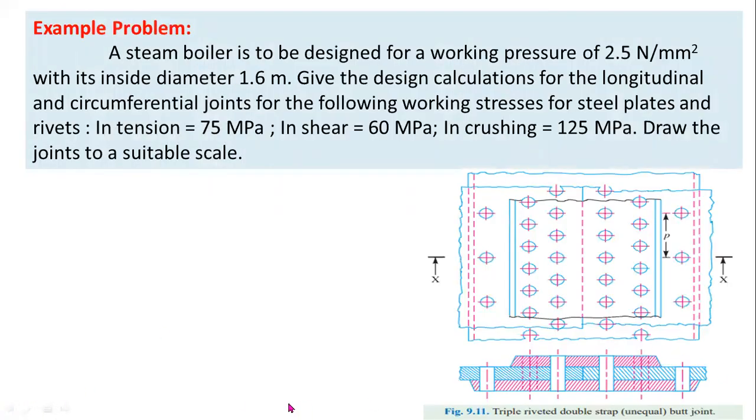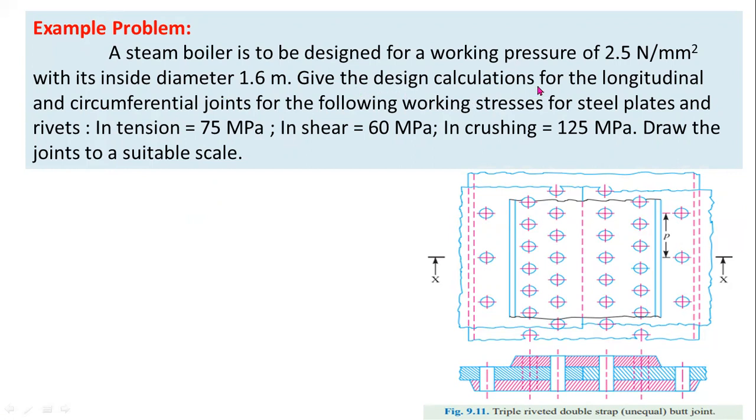Now coming to the example problem. This is a very important question from the exam point of view. The given question is: a steam boiler is to be designed for a working pressure of 2.5 megapascal with its inside diameter 1.6 meters.